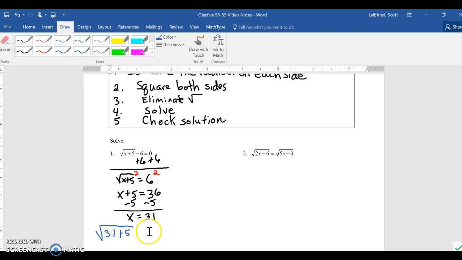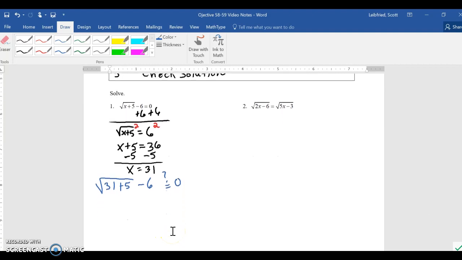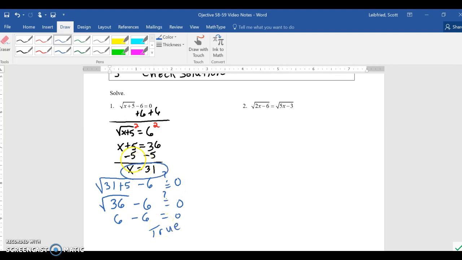Square root of 31 plus 5, subtract 6, and we need it to equal 0. Inside the square root, we add them together. We get 36. We're still checking to see if it equals 0. The square root of 36 is 6. 6 minus 6 is 0. So that's true, and we know that this is a solution.